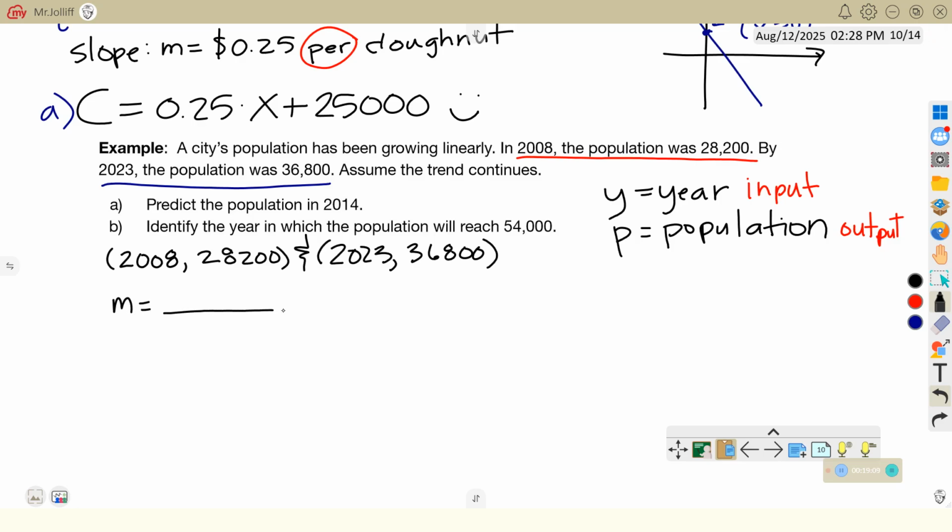So m equals y2, which is 36,800, minus y1, 28,200, over x2, 2023, minus x1, 2008. And we're going to do this on a calculator, and it's going to give us an ugly decimal, and that is okay.